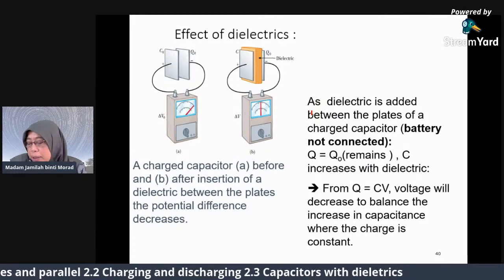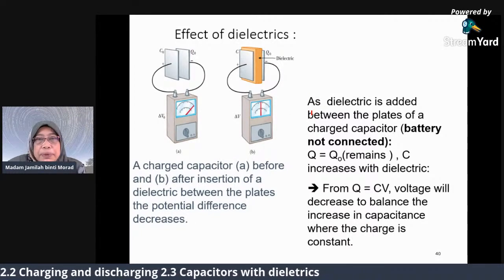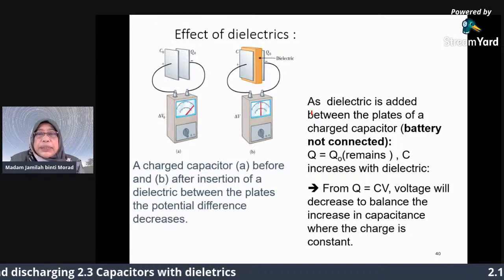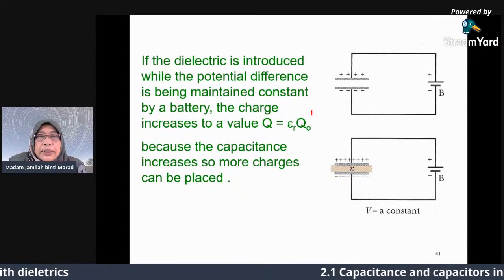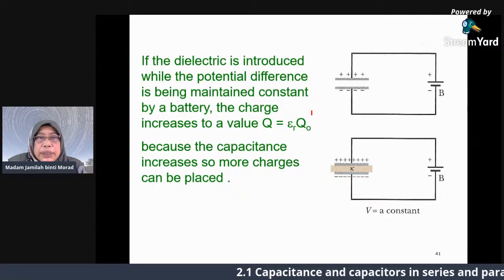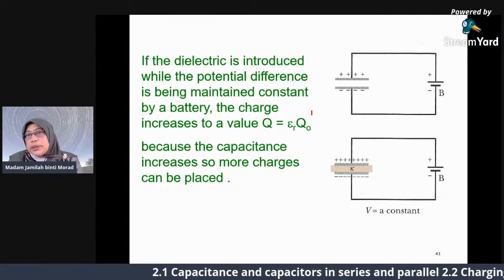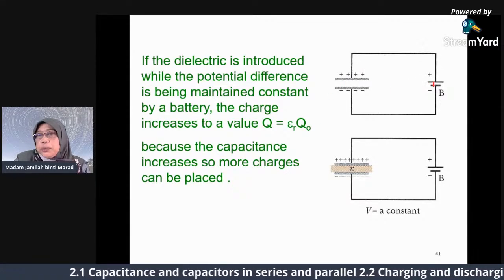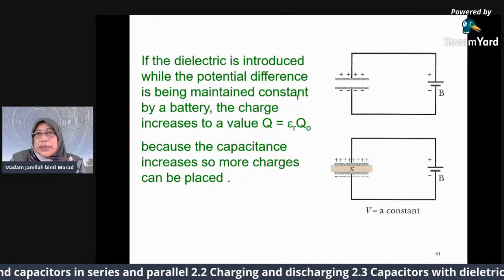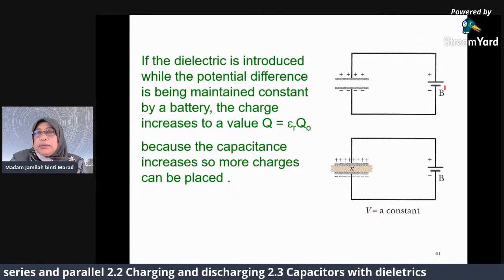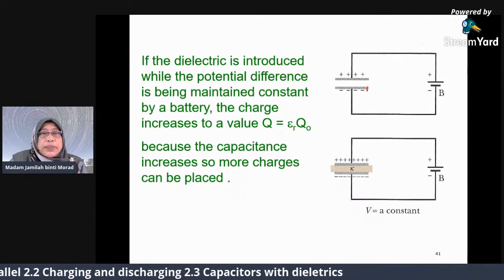This slide we refer to when you don't have the battery connected to the capacitor. Now, if the dielectric is introduced while the potential difference is being maintained constant, still connected to the battery. Just now you removed the battery and inserted the dielectric. Here, the battery is still connected to the capacitor.